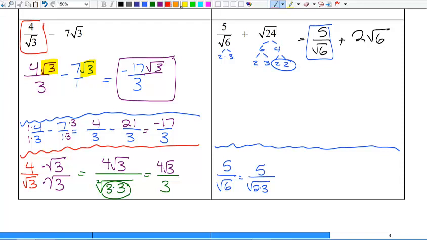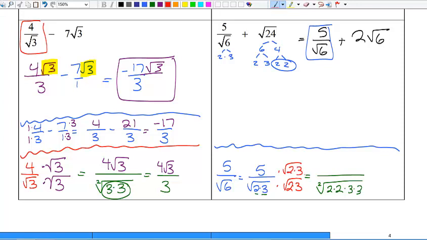So I'm going to multiply the numerator and the denominator by something in order to get groups of 2 because they're square roots. Because I have a 2, I need 2 copies to get it out of the house, which means I need to multiply by an extra copy here. For the 3, I have a 3. I would prefer to have 2 copies of 3, so that means I need an extra copy of 3.